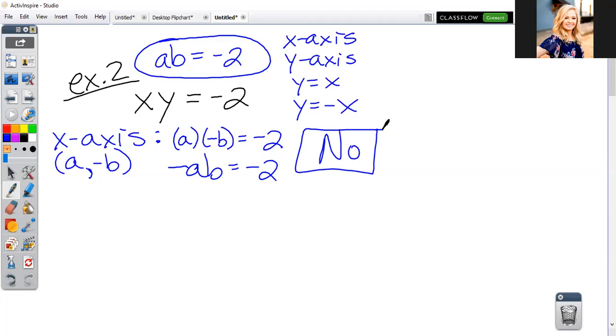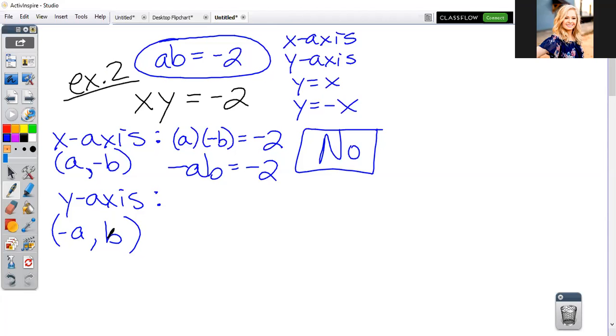Okay, so the y-axis. I want y'all to think back to our matrices section, because there is a parallel here. For the y-axis, which one do you think we change the sign of? a. It's negative a, positive b. So I plug in negative a for x, positive b for y.